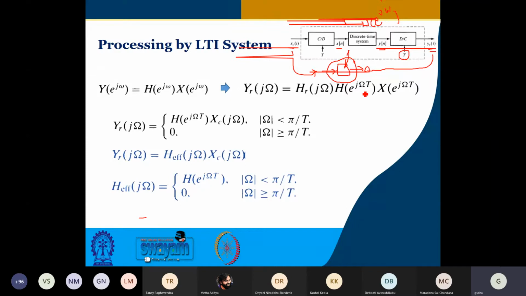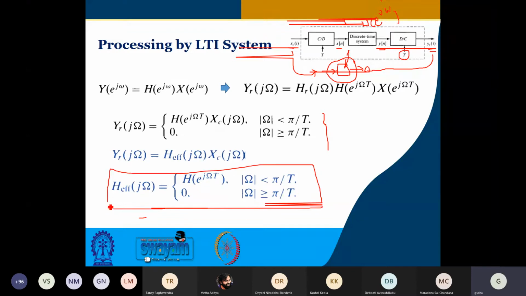So this recovered or reconstructed signal after the last block, the reconstruction filter, is related to the input signal like this, because of which the overall DSP block, its continuous time equivalent is this particular expression.